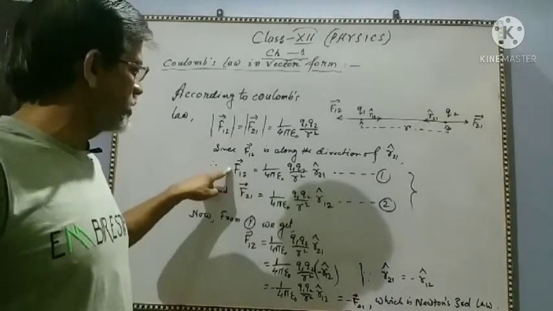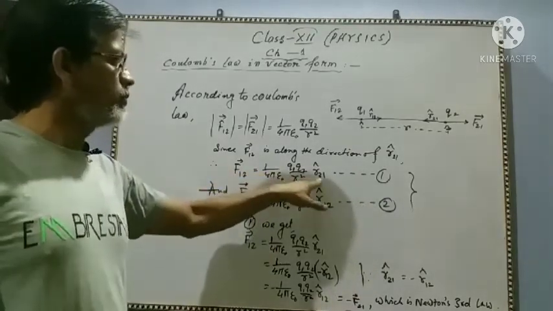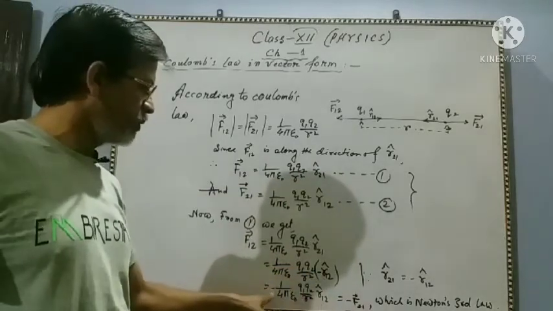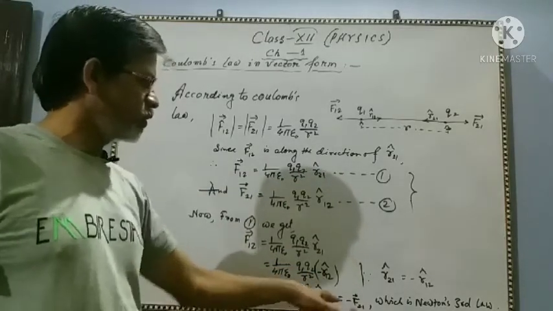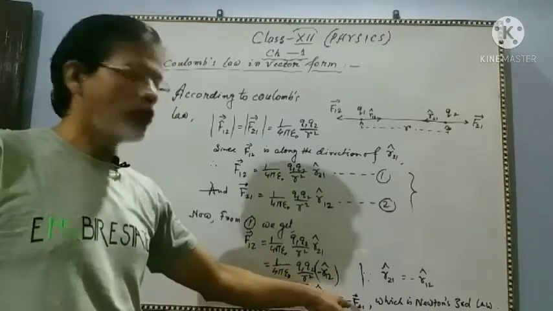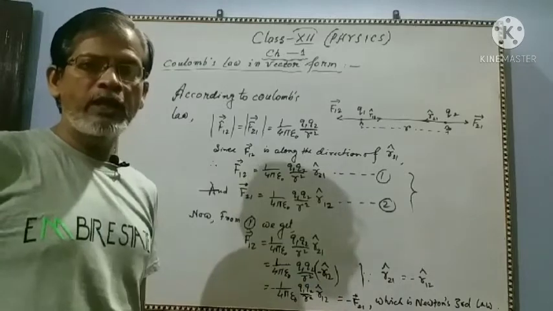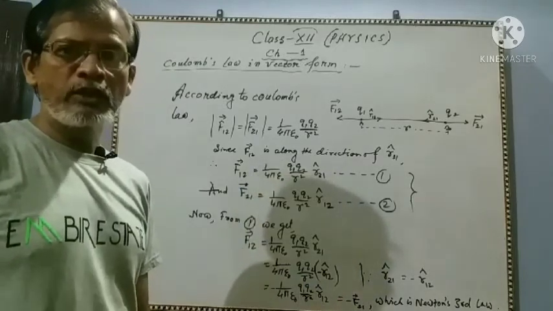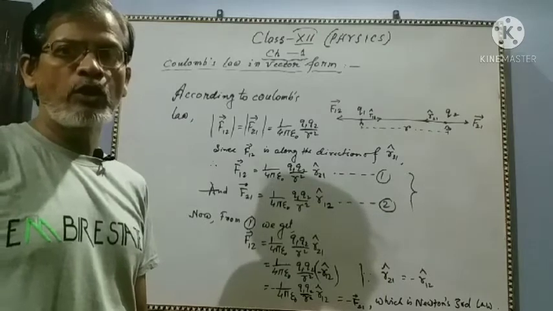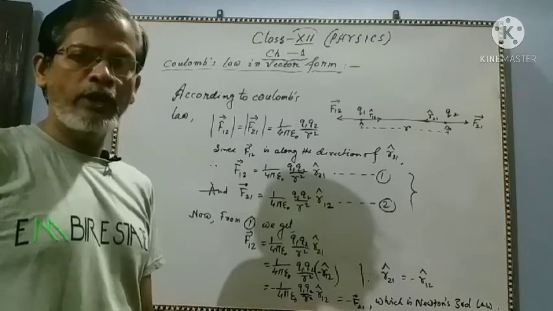So we have chosen this, and then we replace this by this, and minus sign is taken in front, so this is F12, this is equal to minus of F21. So every action has equal and opposite reaction. This is Newton's third law of motion. So Coulomb's law follows Newton's third law of motion. Okay.